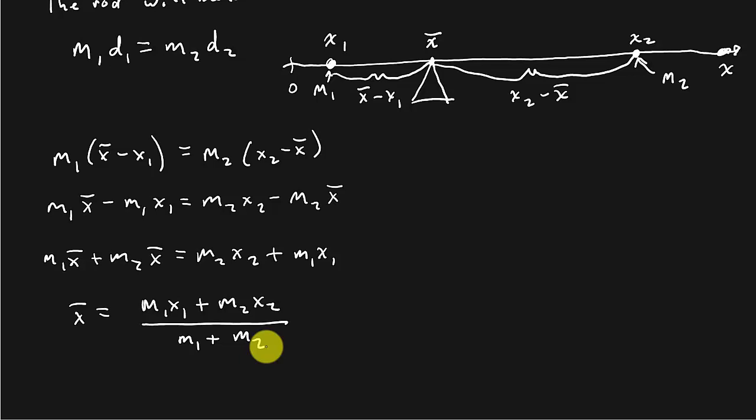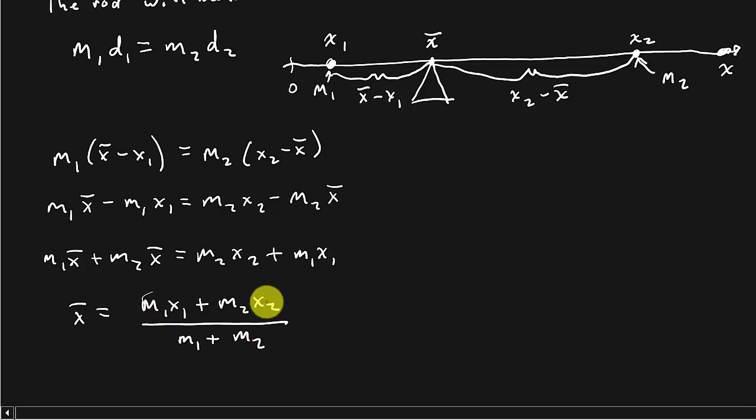So know this. The numbers m1 x1 and m2 x2 are called the moments of the masses m1 and m2 with respect to the origin. And what the equation says is that the center of mass x bar is obtained by adding the moments of the masses, m1 x1, m2 x2.